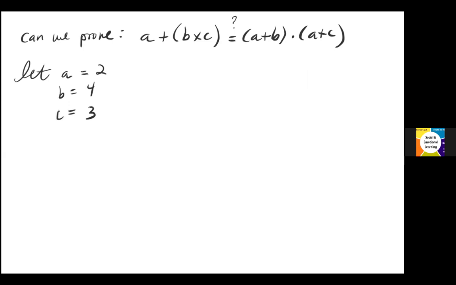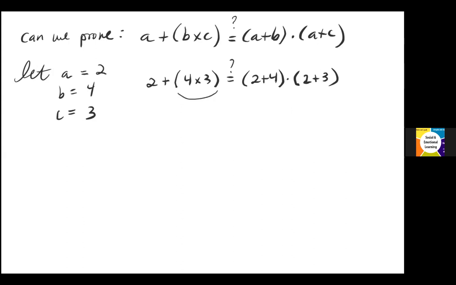So we get 2 plus 4 times 3 is equal to A plus B would be 2 plus 4 times A plus C would be 2 plus 3. So the left side here from PEMDAS, we would have to do the parentheses first.